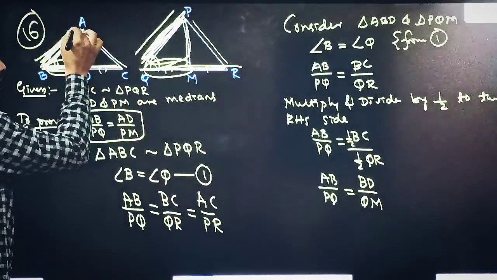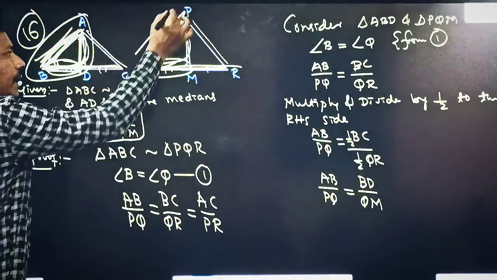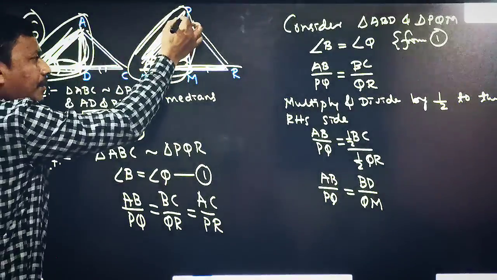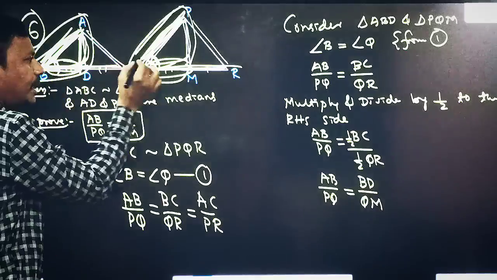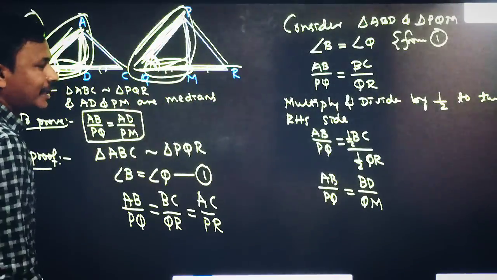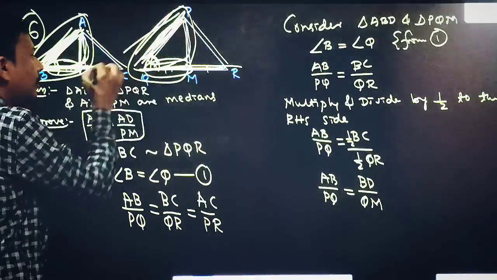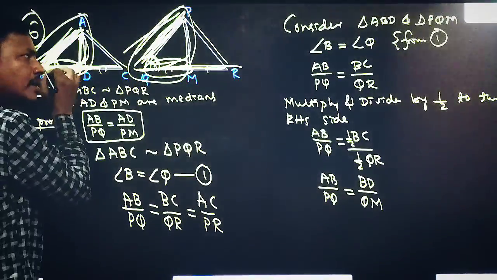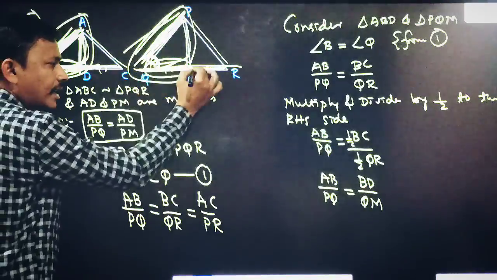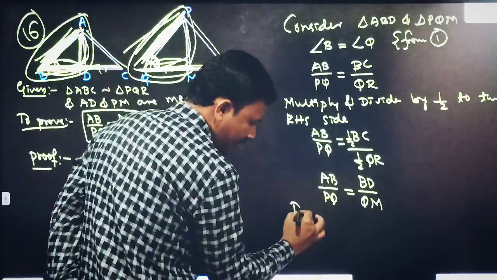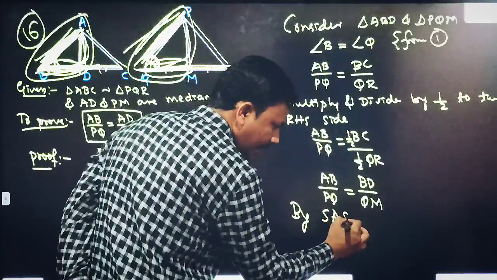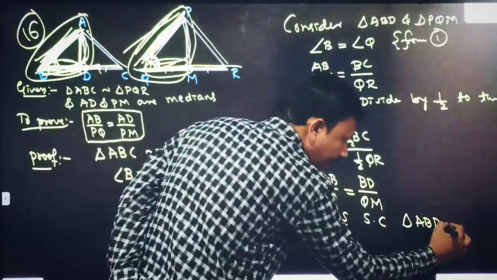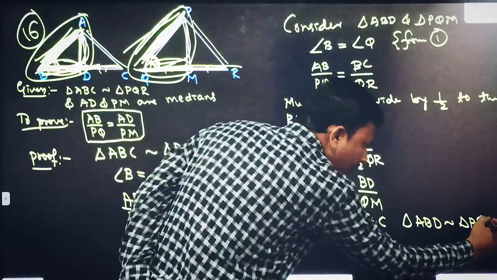Therefore, from triangles ABD and PQM, angle B is equal to angle Q, and AB divided by PQ is equal to BD divided by QM. Correct? By SAS similarity criterion, triangle ABD is similar to triangle PQM.